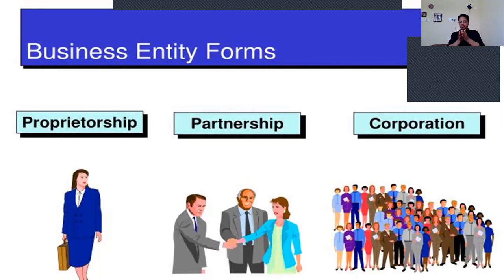As there is a separate entity, a separation of management and owners, it is assured by the government. So the government brings a lot of control, like compulsory auditing. In almost every country, the corporation or company must compulsorily be audited. Statutory audit is to be done for the company.